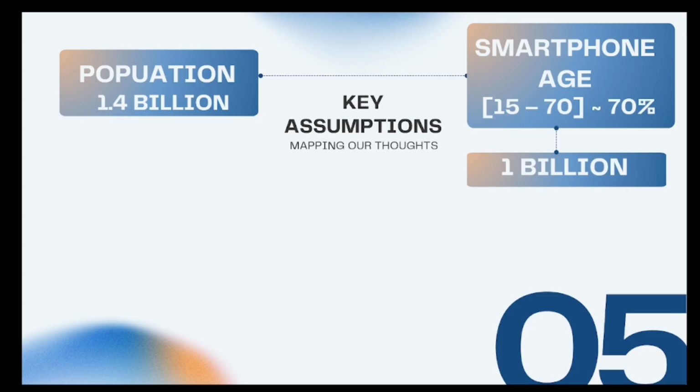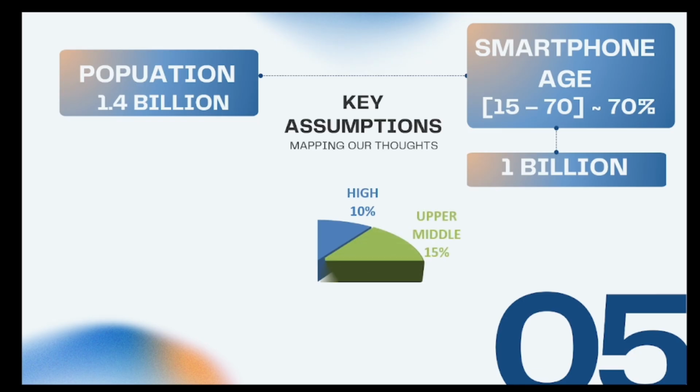Now, let's look at the income distribution. As I stated, I'm using four tiers. So high income represents about 10% of these 1 billion, that is 100 million people. These are affluent households with high smartphone adoption. The second tier is upper middle income, which represents 15% or 150 million people. They are the growing professional class.